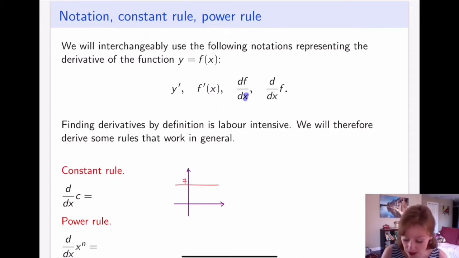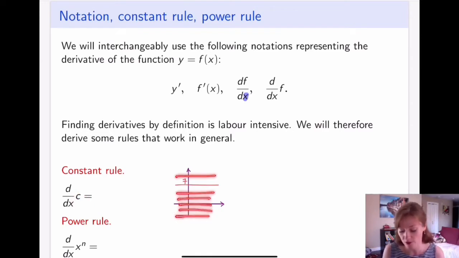So, since it doesn't matter what c is, so if c is 8 or 6 or whatever, it's always a horizontal line. A slope of a horizontal line will always be 0, so the derivative of a constant is always 0.